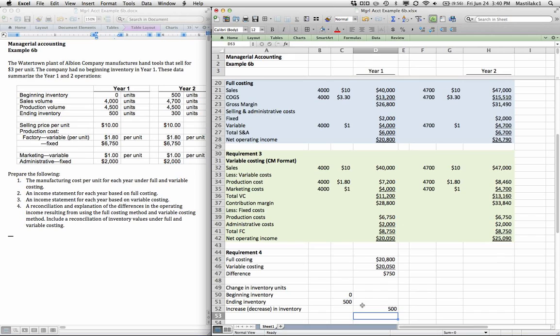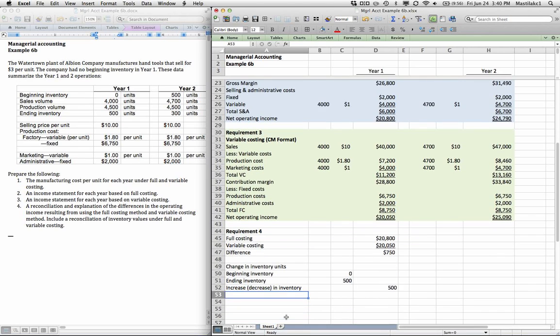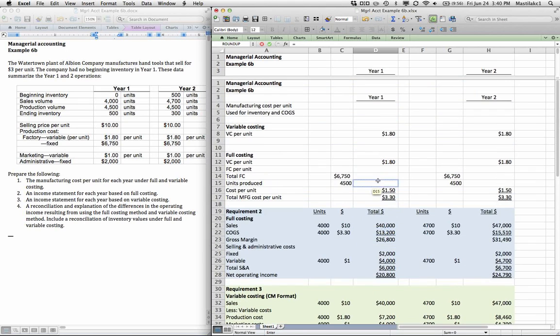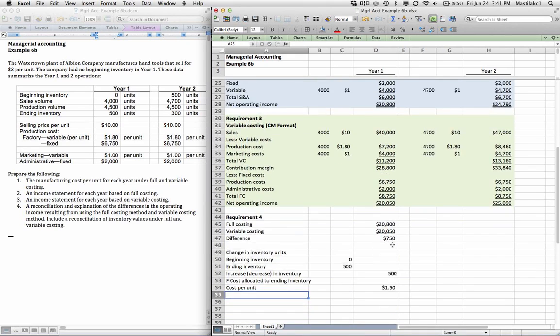So we produced 500 more units than we sold. Those units had $1.50 per unit allocated to them. Each unit we produced and stuck in ending inventory had $1.50 of cost.